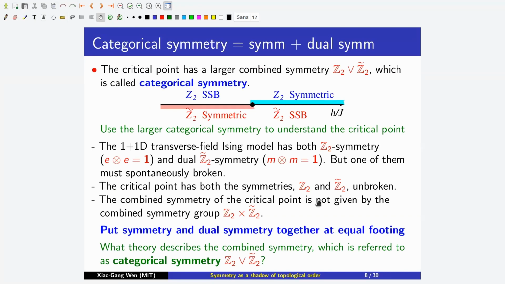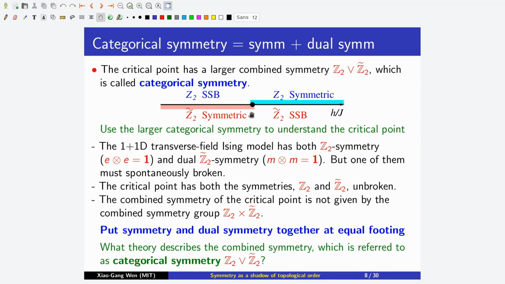Okay, so really the point is that the categorical symmetry is really symmetry plus dual symmetry. So in some sense, we have symmetry charge that we're more familiar with. We have a symmetry domain wall, like symmetry flux. We also view them as some kind of charge of a dual symmetry. Then both symmetries are conserved. And we say maybe putting these two symmetries together is reasonable because the critical point has both symmetries.